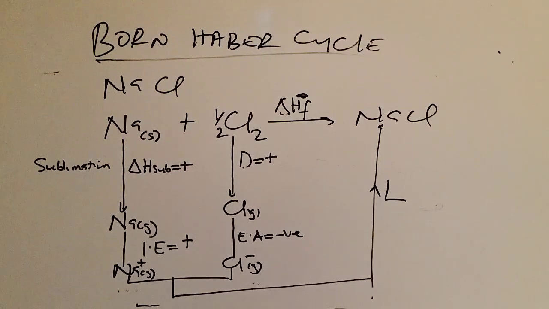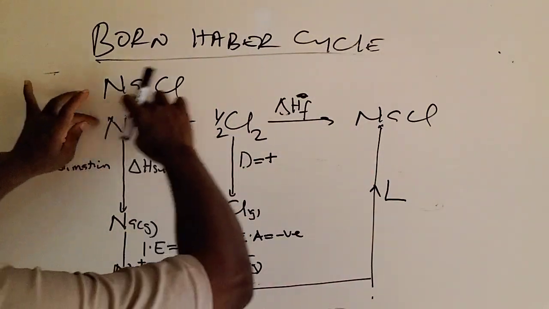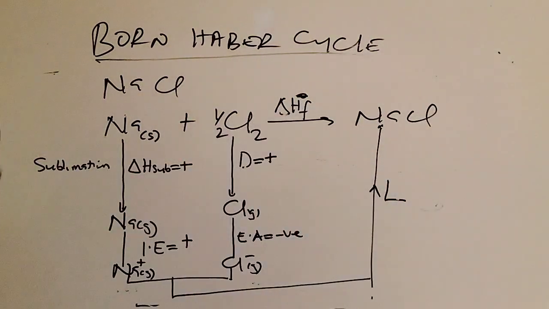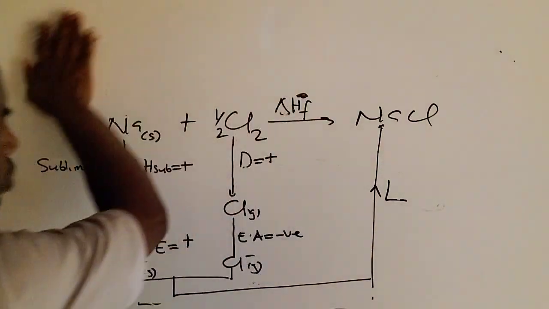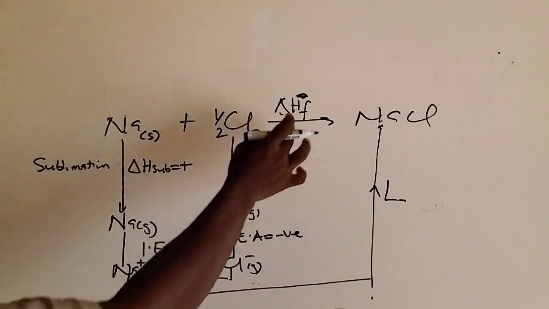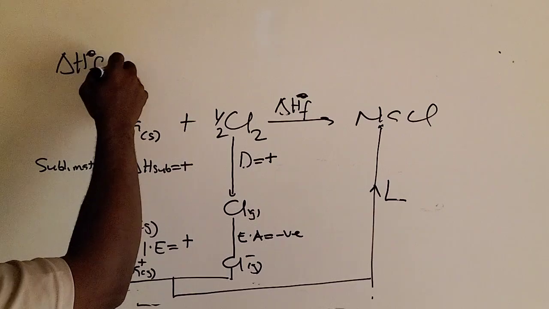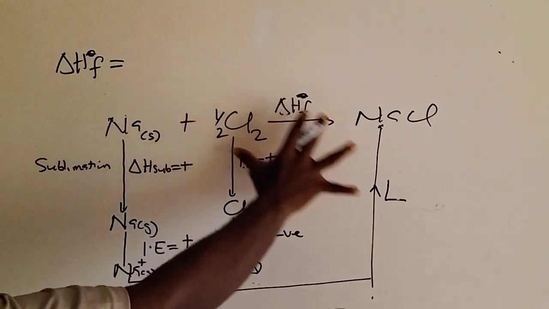The major reaction here is the formation reaction, forming sodium chloride. But all these other reactions are embedded in the main reaction. So based on Hess's law of constant heat summation, the enthalpy of the main reaction, the heat energy released in the main reaction, will be equal to the sum of every other reaction that it depended on.